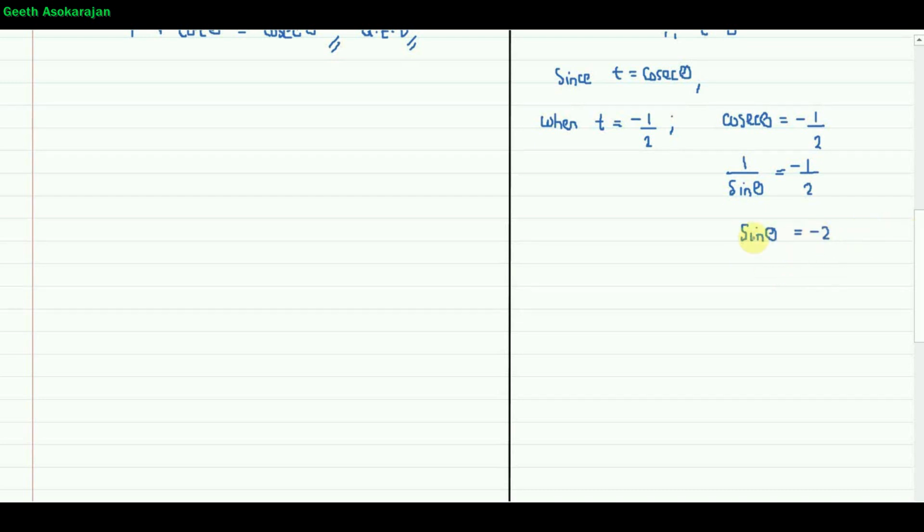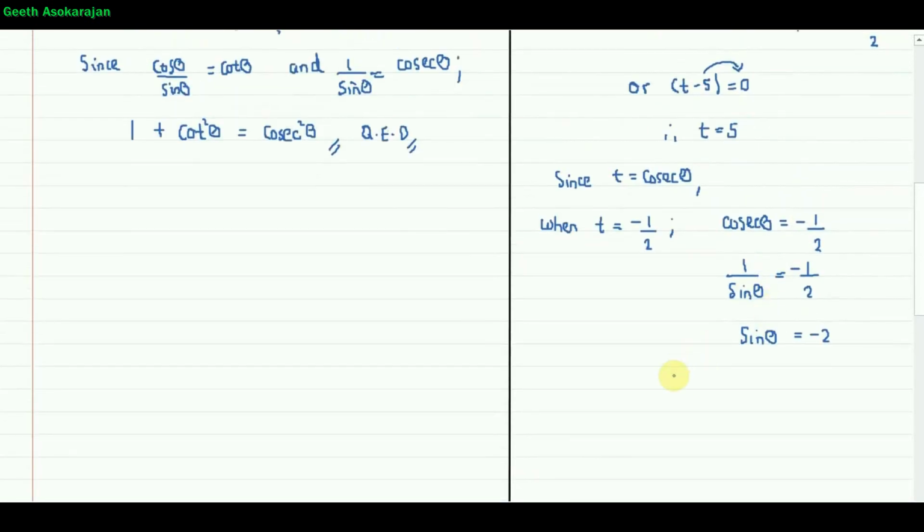Now, bear in mind the fact the range of sine lies between 1 and minus 1. So bearing in mind the range of sine, that would make this equation impossible to solve, or this equation will be undefined.